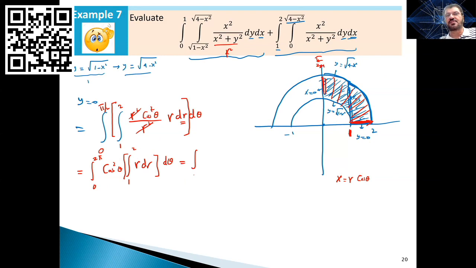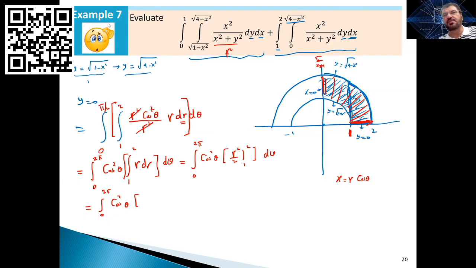And this is equal to the integration from 0 to 2 pi of cosine squared theta. Now, what's the integration of R? It's R squared over 2 from 1 to 2, d theta. And this is 0 to 2 pi, cosine squared theta.